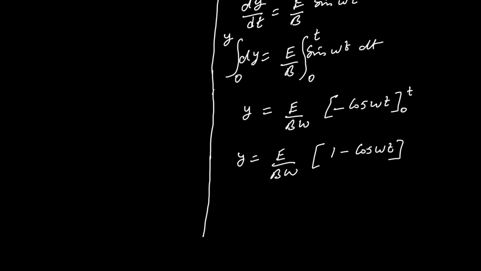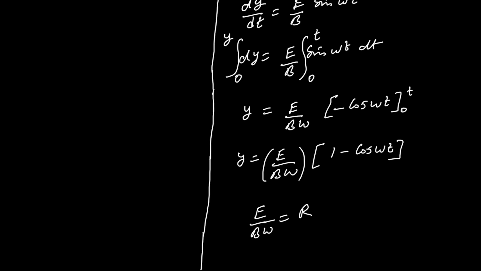This will be the value just after keeping limits. Now I am doing one thing: as you see, y is equal to this value. From dimension analysis I can say that the dimension of this value E by B omega should be that of distance, since y is a position, the y coordinate. So I am representing this E by B omega by a letter r.